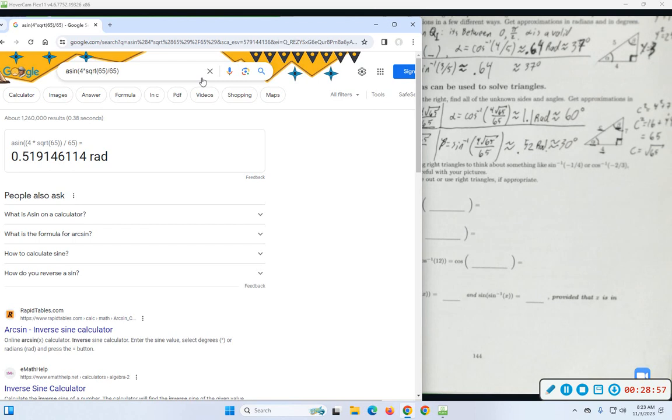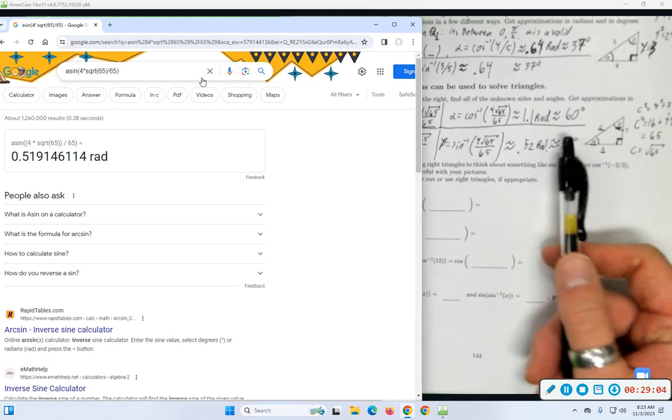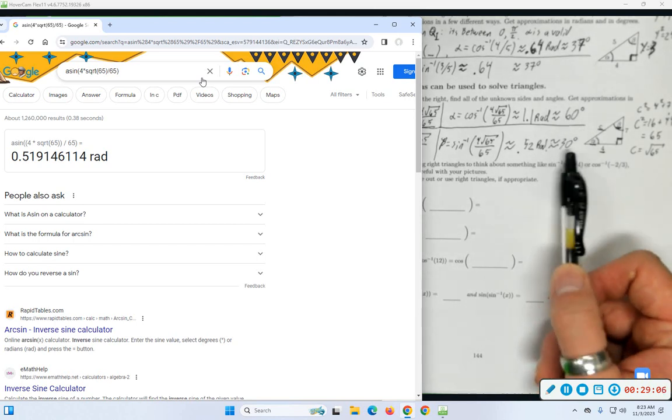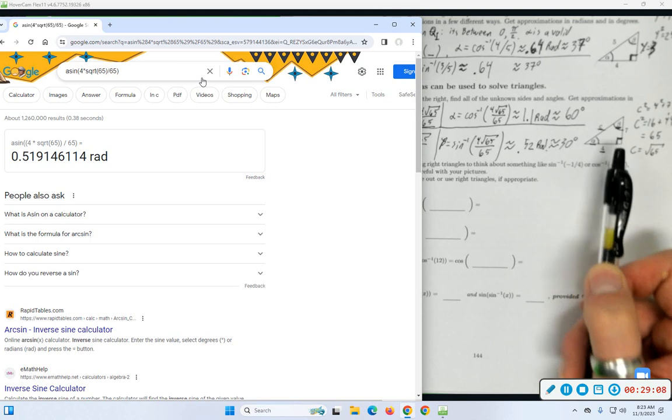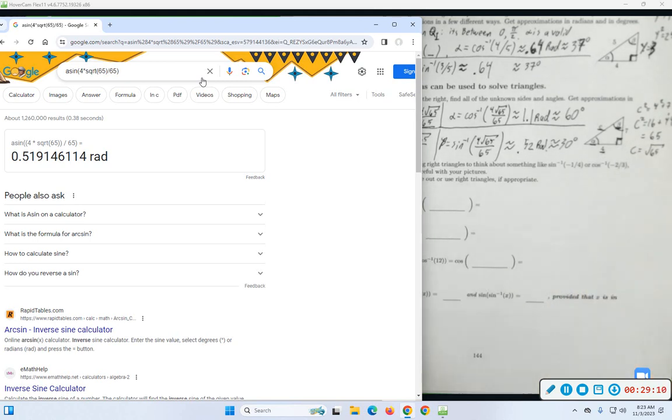And I guess there's one quick check you can make. Angles in a triangle should add up to 180 degrees or pi radians. The degrees look easier to add right now. 60 plus 30 is 90, plus another 90 is 180. Yeah. They add up to 180 degrees, so I think I believe these results. Cool.